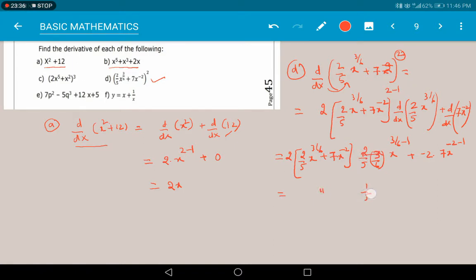So 1 by 5 x to the power of minus 1 by 6 plus minus 14 into 7 x power minus 3. So the rest of the quantity will be the same as it is. Okay, now these are some varieties of differentiation or derivatives.